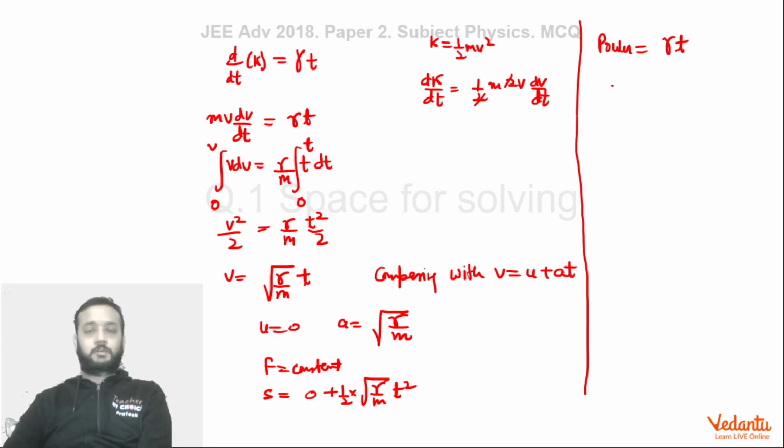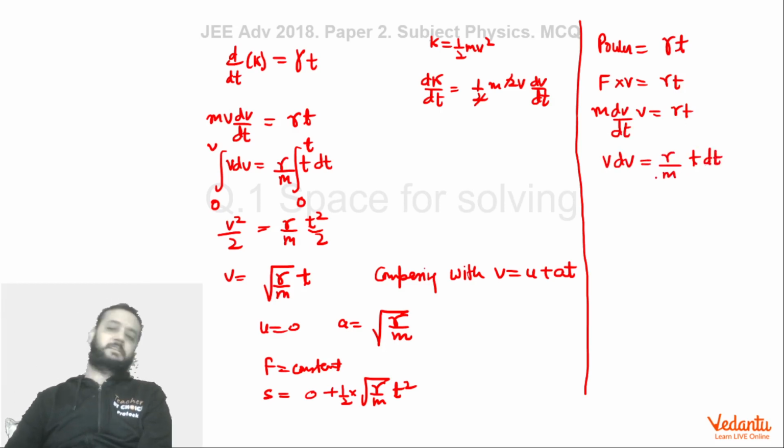Now power is also force into velocity, and force can be written as mass into acceleration, so m dv by dt into v equals gamma t. So from here also, we get the same equation, gamma by m t dt. So we could have taken this route as well, and after this we will do the same thing. So anyway, you will get the same answer.